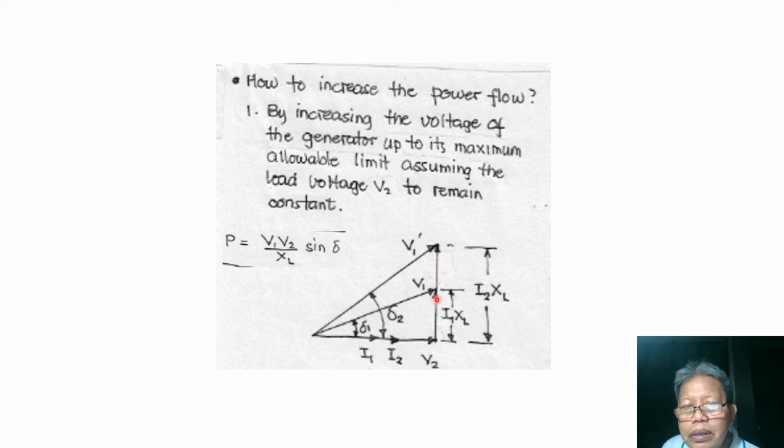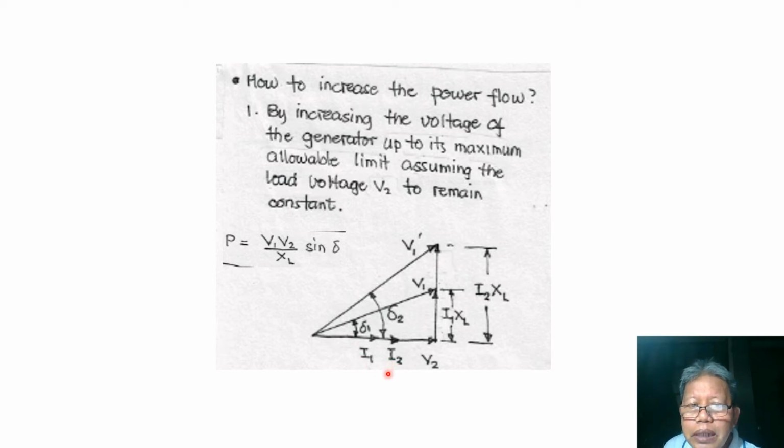So moving the tip of V1 to this new point, which we call the new hypotenuse V1 prime, the system will draw a different current from the previous one, which we call I2.